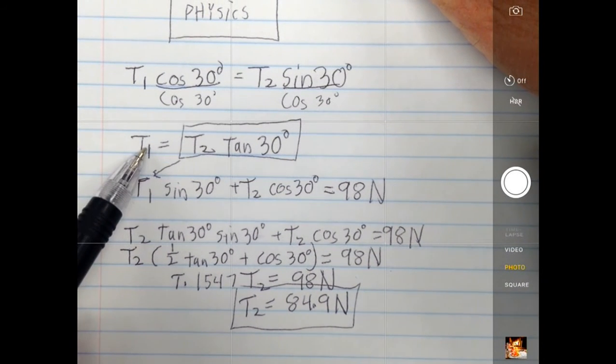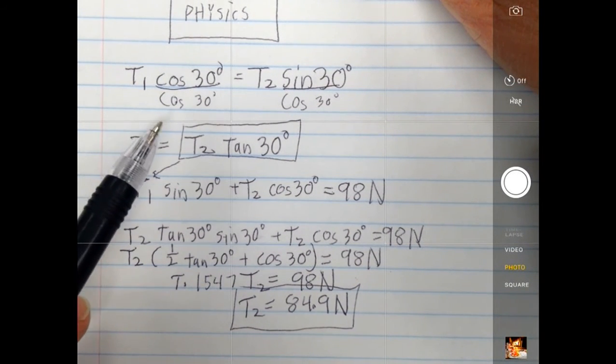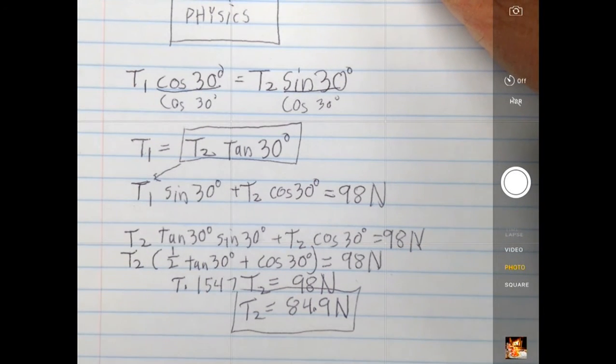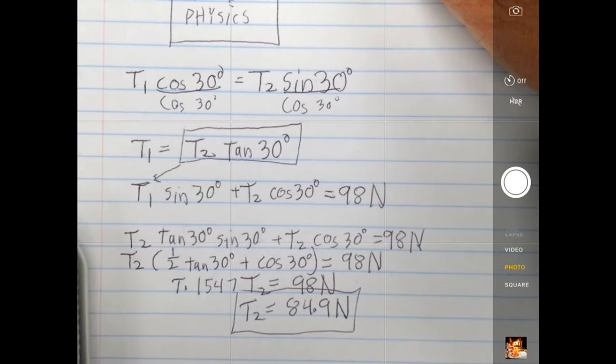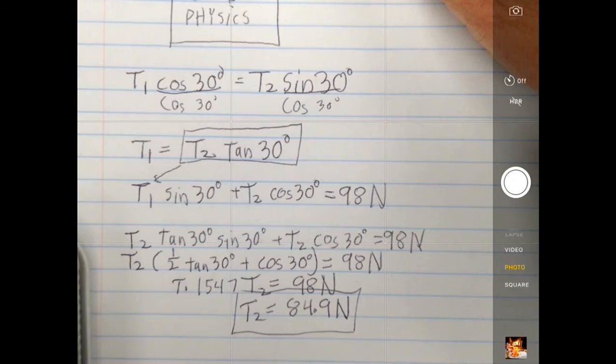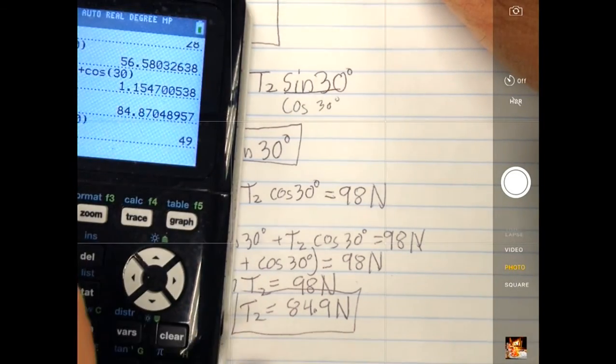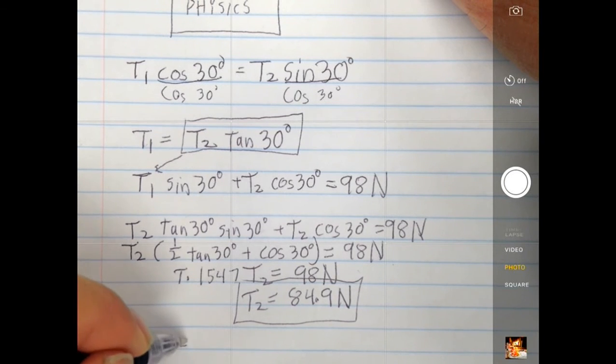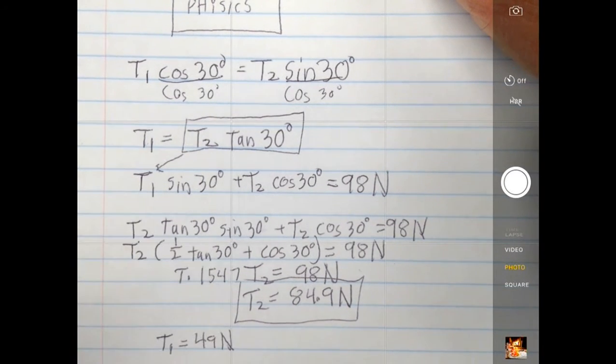Tension of the left rope, T1, will be T2 times the tangent of 30 degrees. So if I multiply this by the tangent of 30 degrees, I get, oh my goodness, 49 newtons. Interesting.